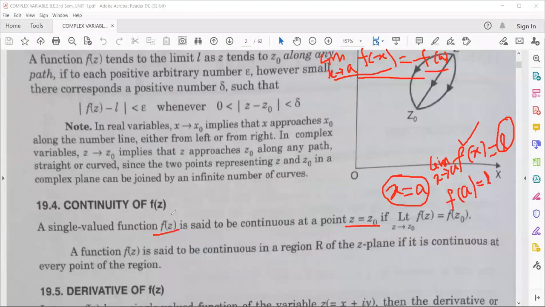Simply, you find the limiting value of f(z) at z is equal to z0, and then you find its functional value at z is equal to z0. If these two values, functional and limiting value, are both the same, then you can say that the function is continuous at the given point. Simple. Is that clear to all of you?